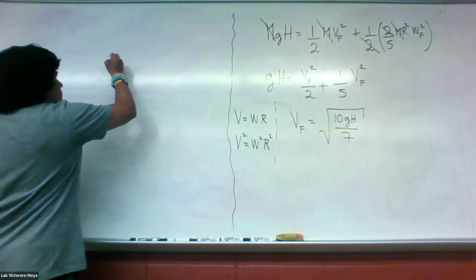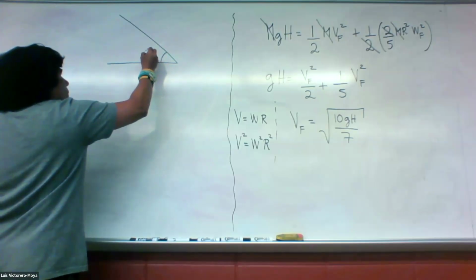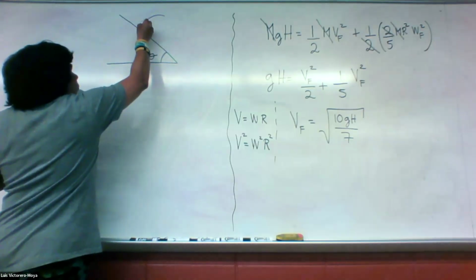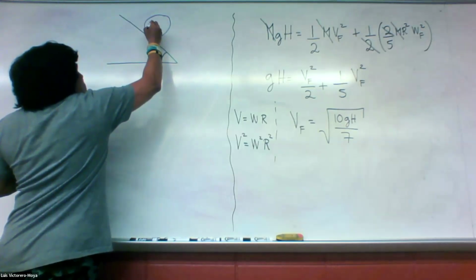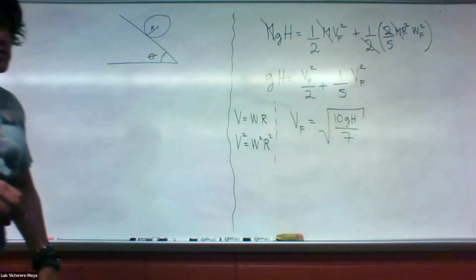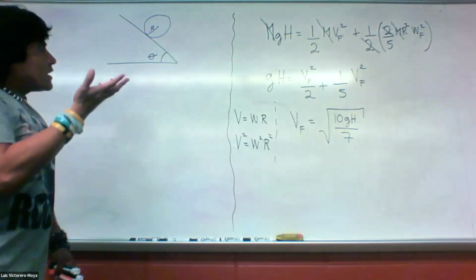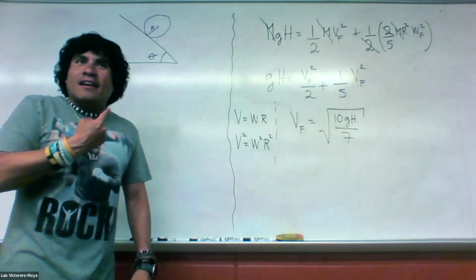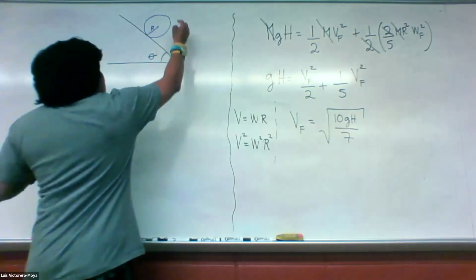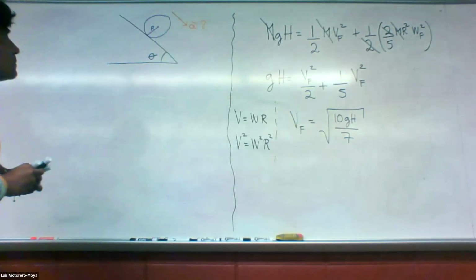Let's see what happens if I do an analysis of the inclined plane. So I'm going to draw it here now. Same angle, same sphere, with radius r. So why is a sphere rotating without slipping? We have to analyze what forces are acting on that object. Remember, we didn't talk about the acceleration. Can we find this acceleration? Well, let's see.